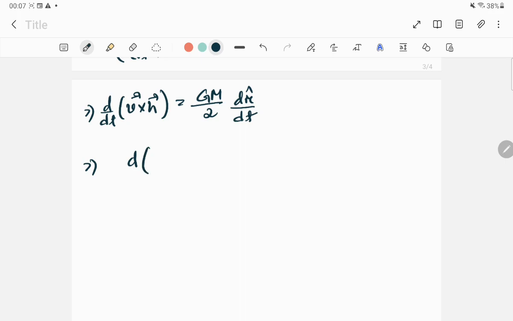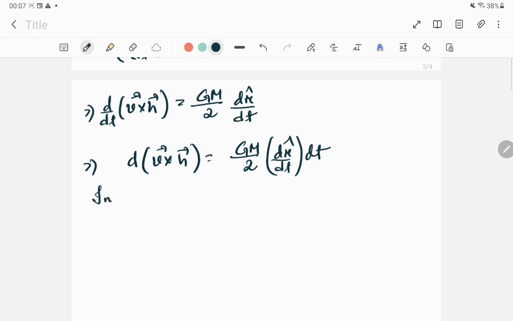So if I write it as v cross h, gm by 2, I can write it simply as dr cap dt.